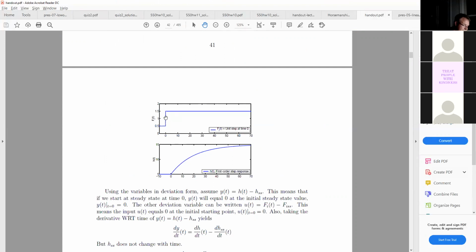Sometimes you need to get a dynamic model for your process. If you don't have any idea how to model it, you can change one of the valves, look at the response, and that'll tell you how much it changes. The problem in a real process is you have lots of stuff going on. You have disturbances, things upstream that are upsetting your process. So it's hard to get everything at steady state so that you can do this kind of change. If you can, that's great, but a lot of times it's hard to do that.